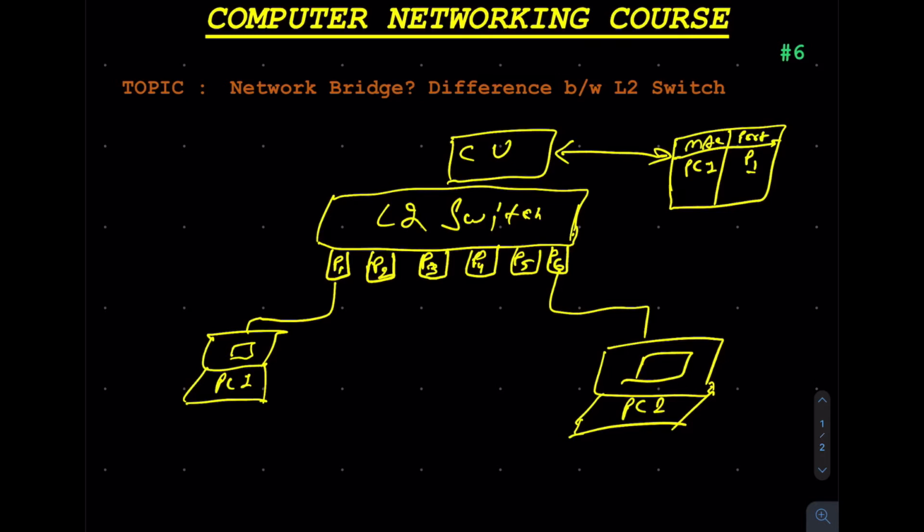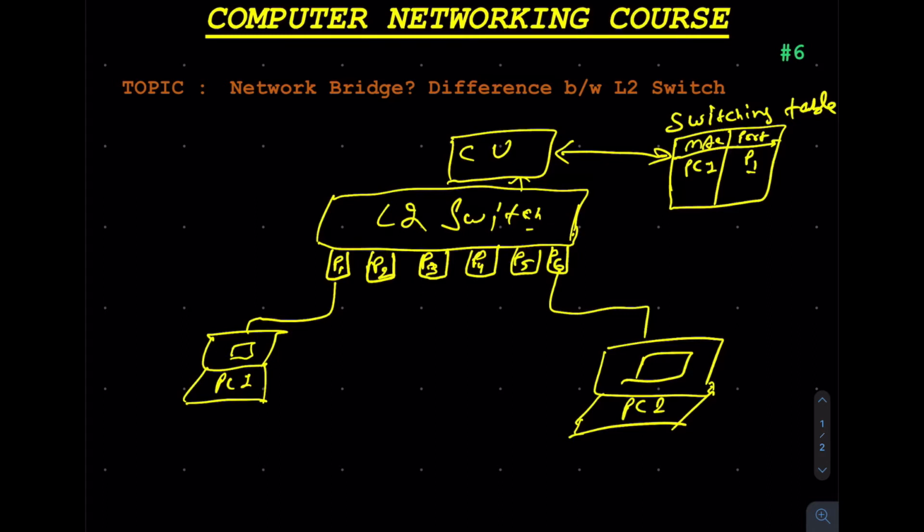Whenever a packet comes, it goes to the control unit, which takes the decision with the help of the switching table. It keeps syncing with the switching table back and forth, makes the decision, and tells the switch where to forward the packet. So it has an internal control unit.